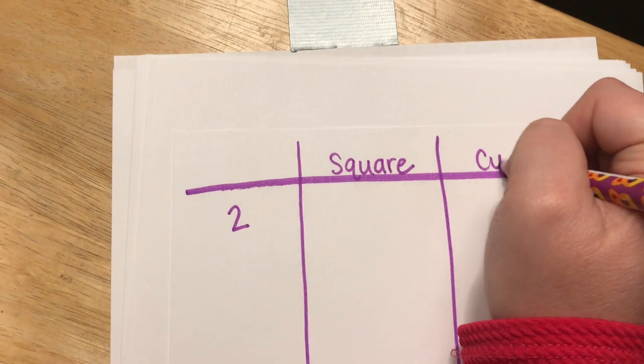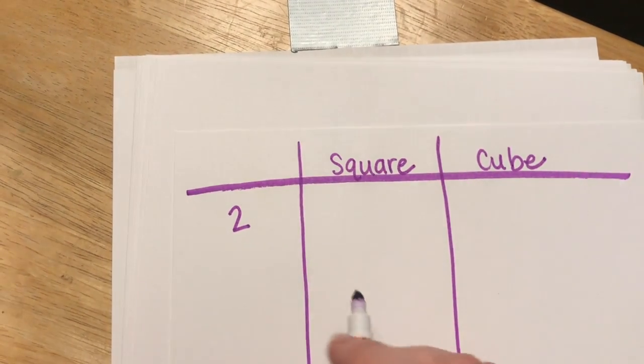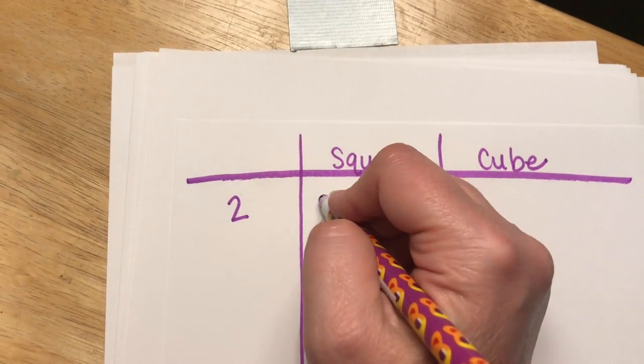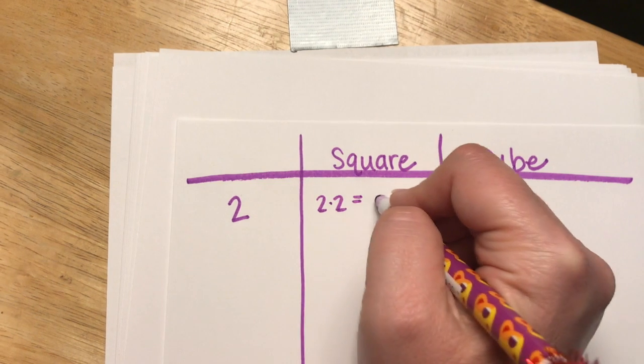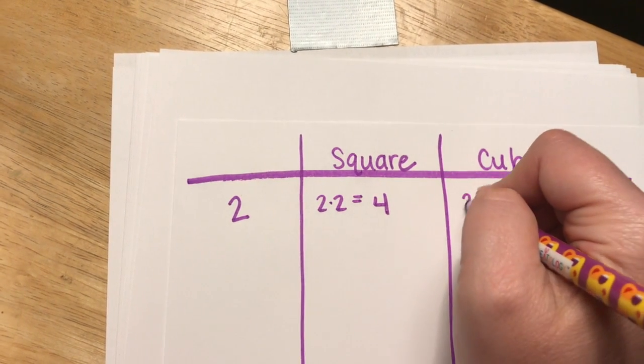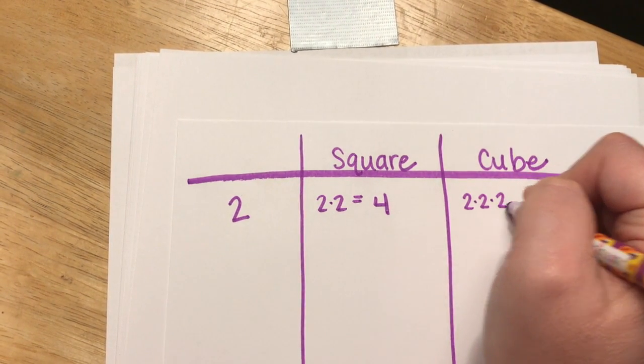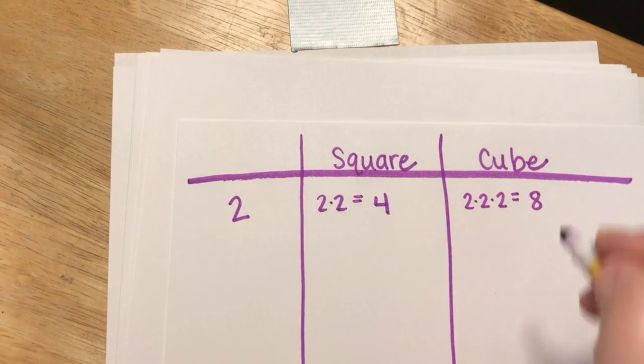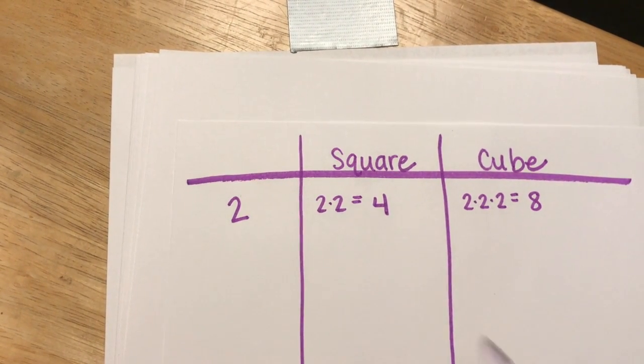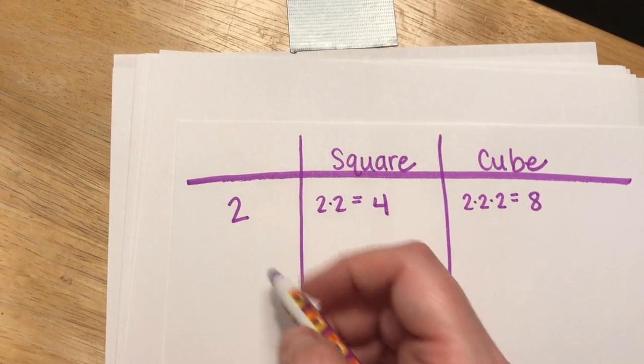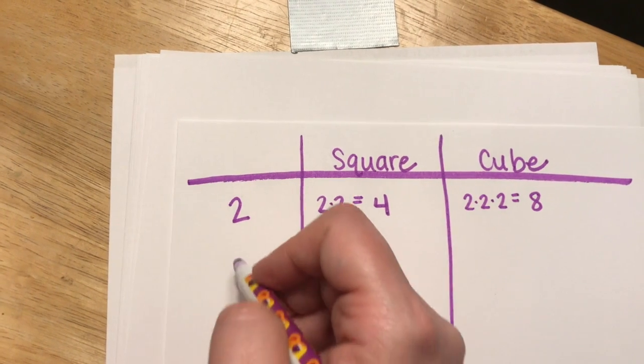And I want you to give me the cube. So the square is 2 times 2, which equals 4. And the cube is 2 times 2 times 2, which equals 8. You don't have to put this work in there. You could just do 2, 4, and 8 if you like to.